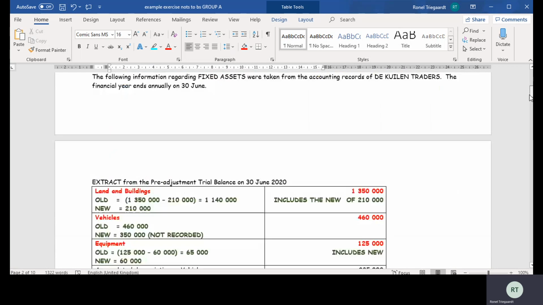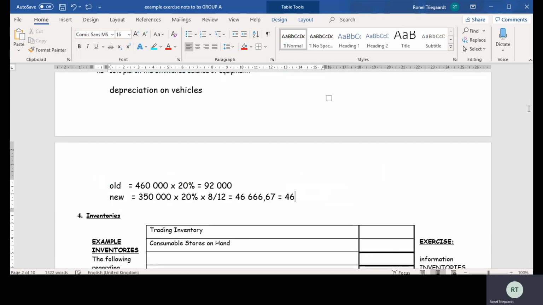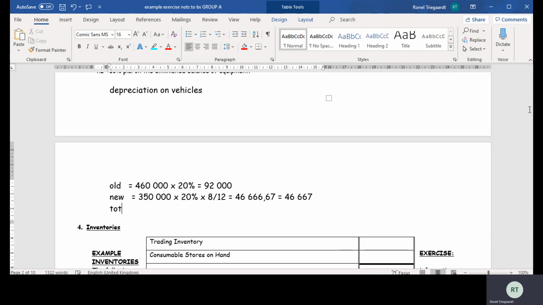So that means you will have to approximate to 46,667, to the nearest 1 rand. Are you fine with this? So what is your total depreciation on vehicles? It's going to be the 92,000 plus the 46,667.